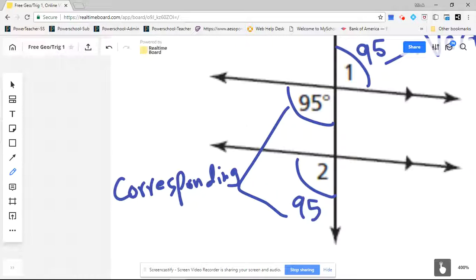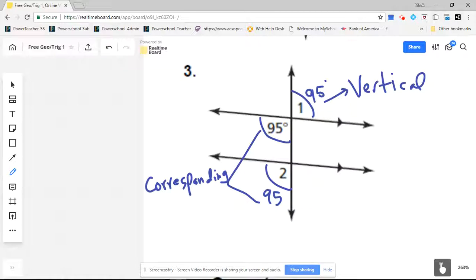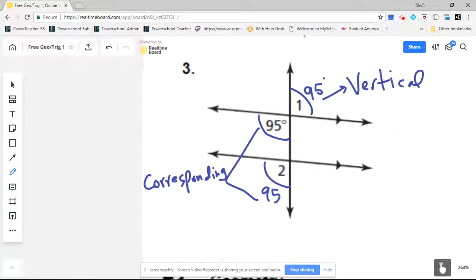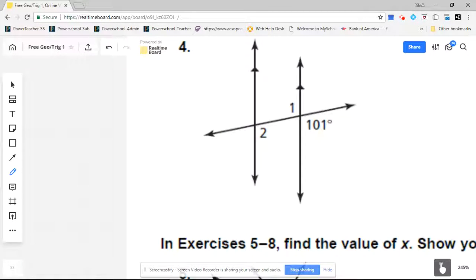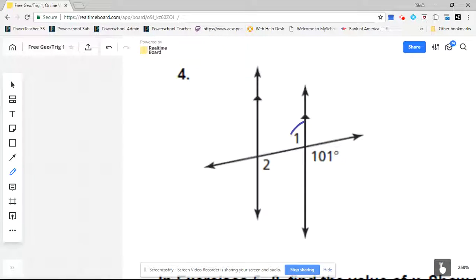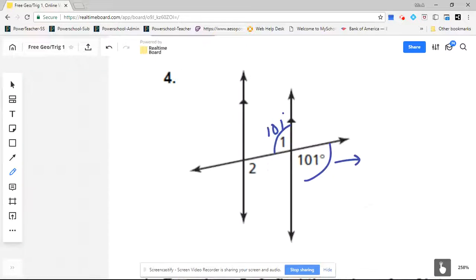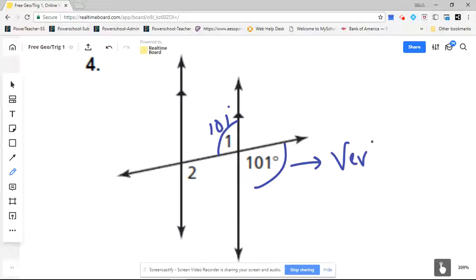So corresponding angles are also always congruent. Always. Number 4. Angle 1 has to be 101 degrees because it's a vertical angle. And 2 has to be 101 degrees because they are corresponding.